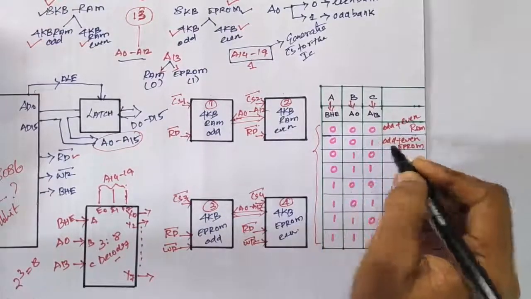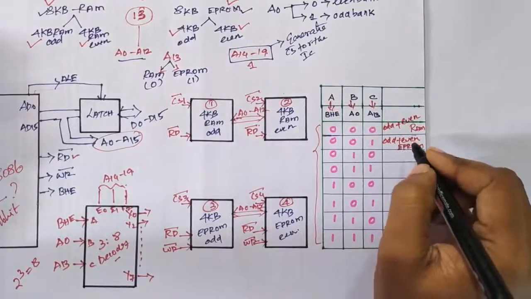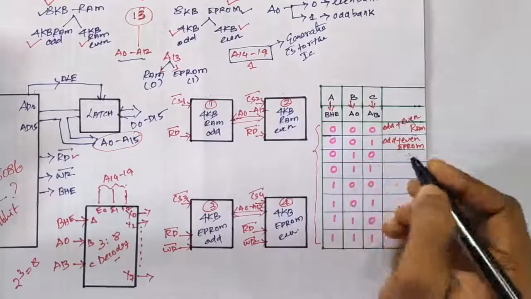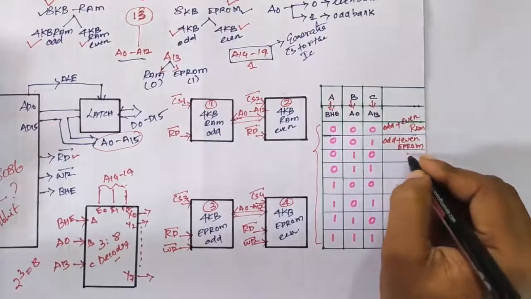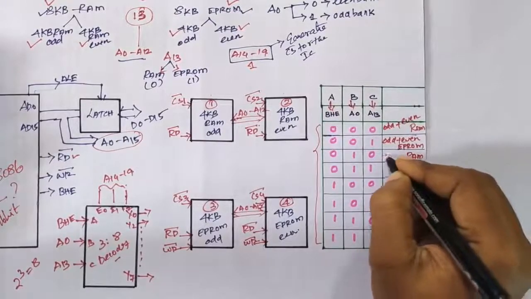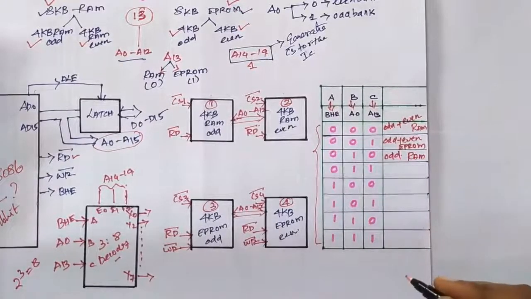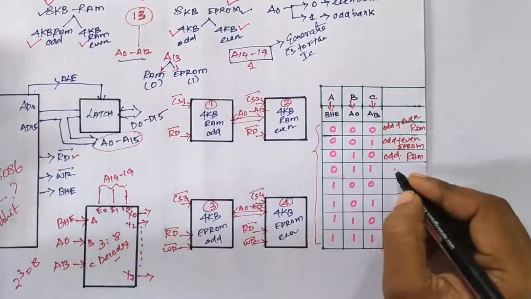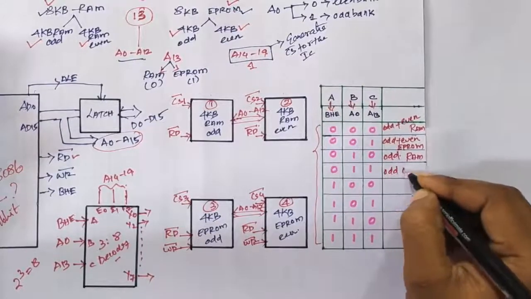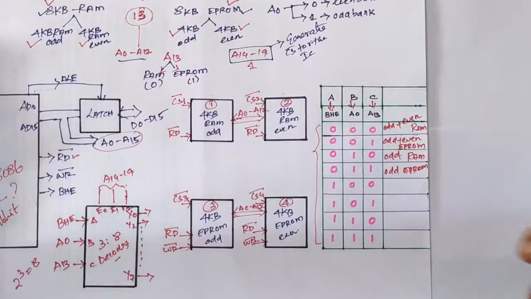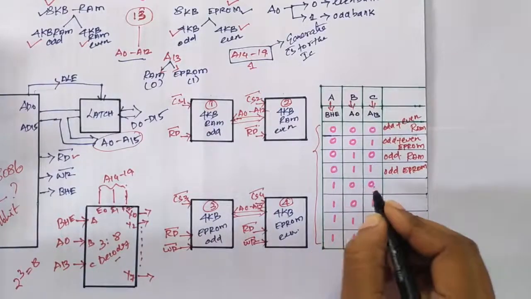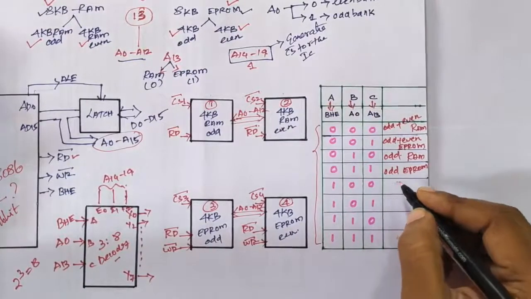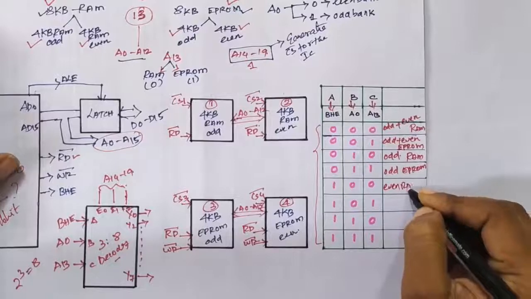While passing 001, we can select the odd and even bank of the EEPROM. Next, while passing 010, we can select the RAM memory odd bank only. Similarly, while passing 011, we can select the odd bank EEPROM memory. With the 100 combination, we can select the even bank RAM memory.